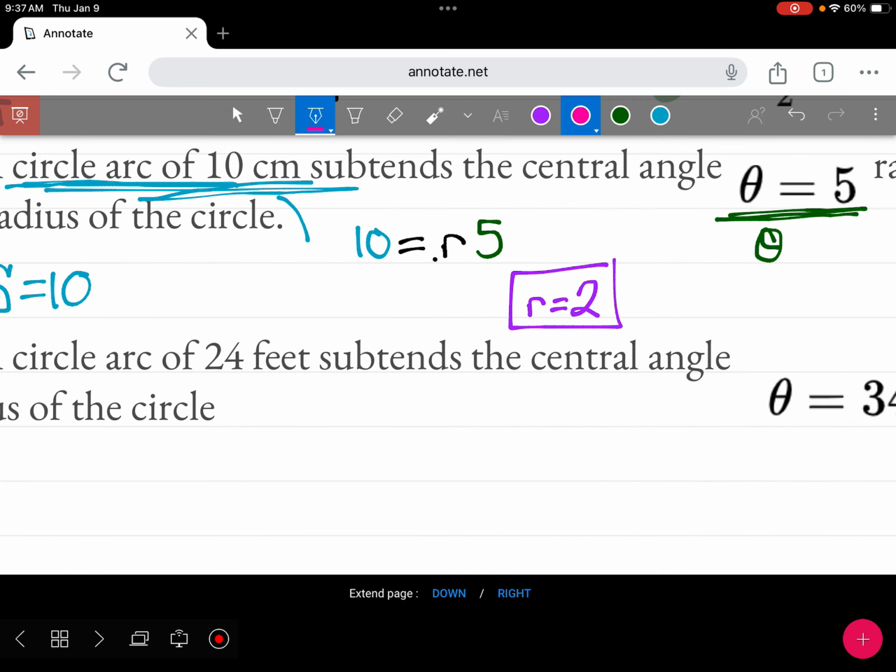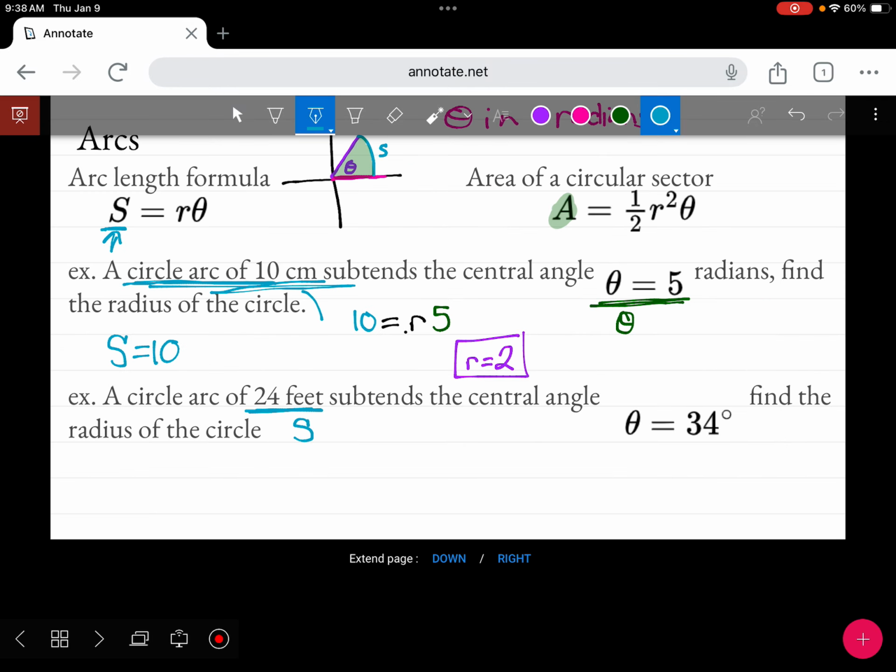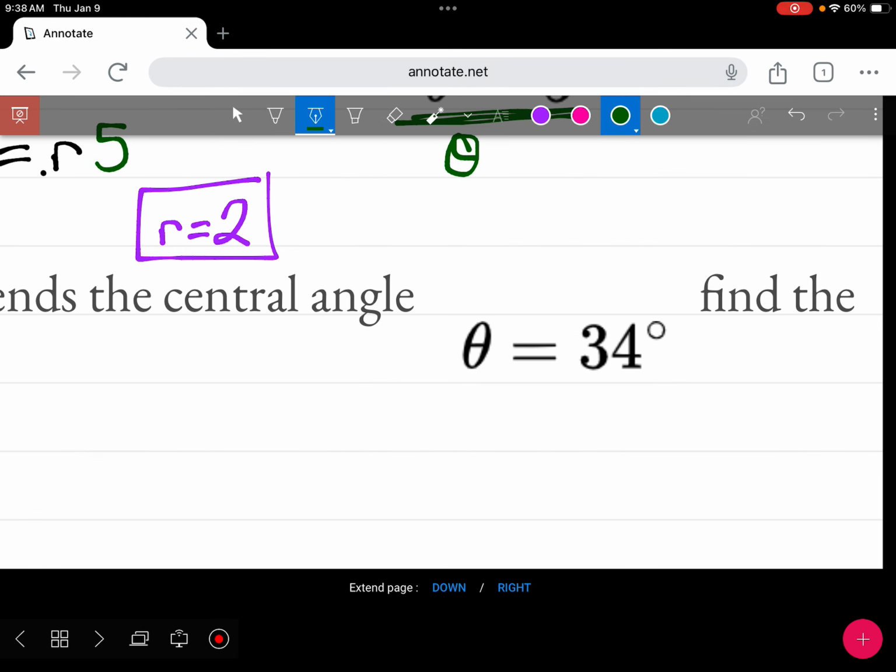So then on this next one, we have that our circle has an arc of 24 feet. So they're again telling us the S. Our theta is 34 degrees. Well, I just reminded us, theta doesn't get to be in degrees. It has to be in radians, so we have to convert it.